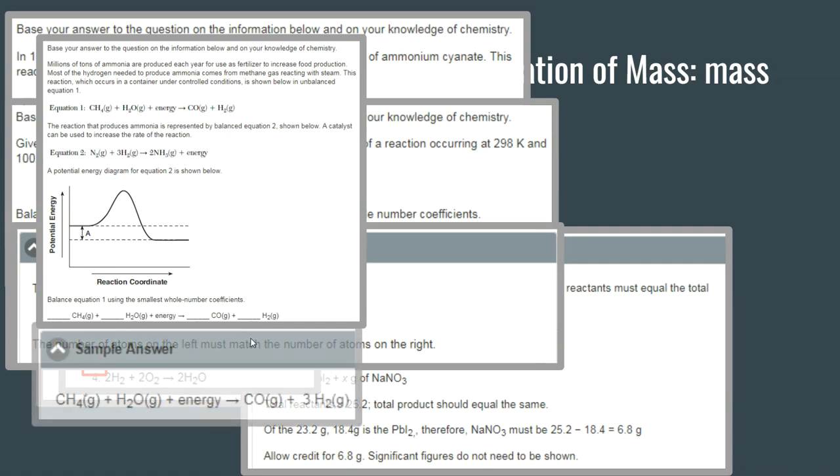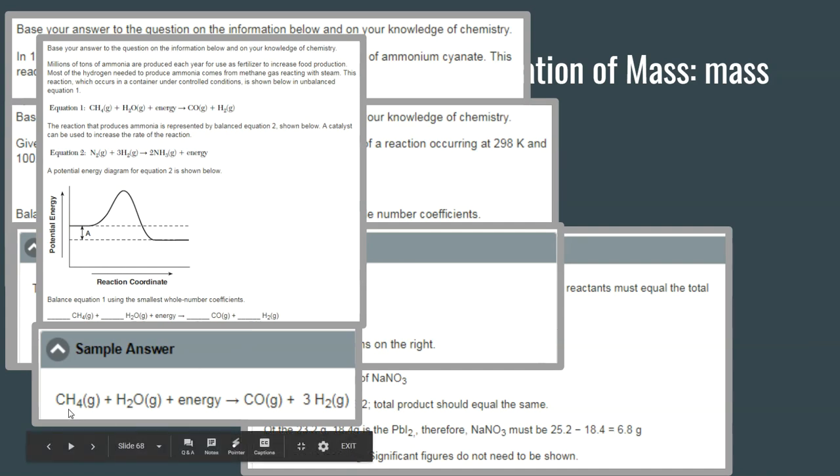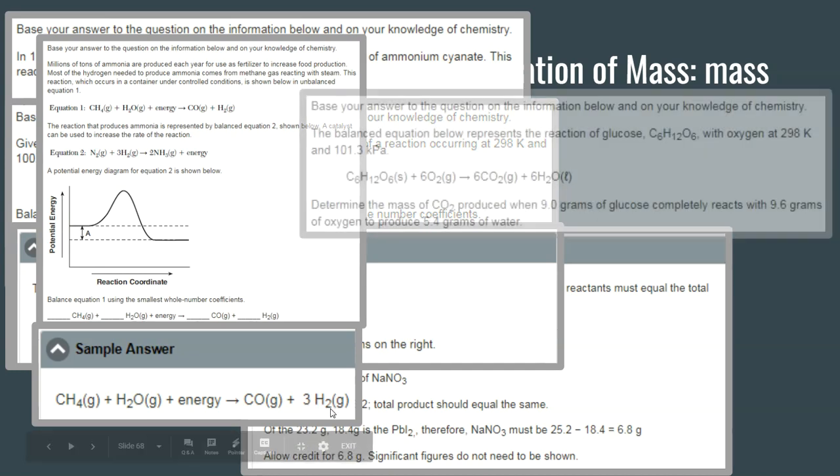So when we change the value, we know that all we have to do is simply multiply the number of hydrogens by 3 and everything else will be maintained. Notice that when we have this balanced equation, the number of carbons on the left and right side is equal to 1. The number of oxygens is also equal to 1, but the number of hydrogens is also equal to 6 because we have 4 here and 6 on the reactant side. And this 3 coefficient multiplied by 2 will also give us 6 hydrogens.